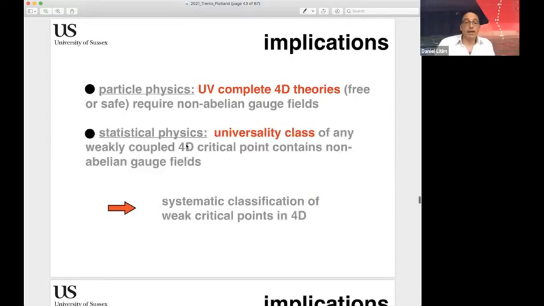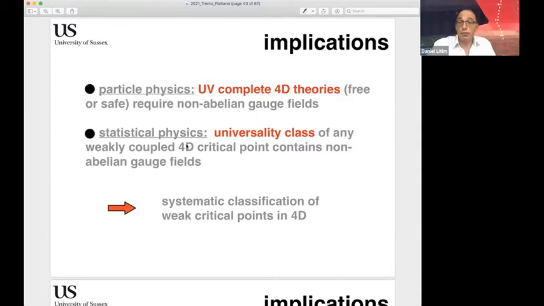Now, the second implication, well, I mentioned it already, perhaps, is in the context of the statistical physics point of view. So if you think about classifying universality classes related to 4D critical phenomena, at least at weak coupling, we know exactly what we need to look for.